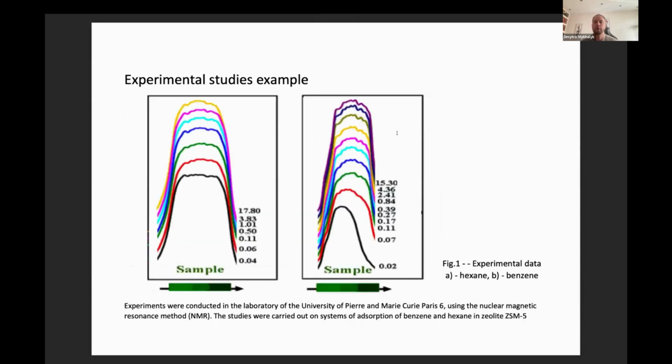Now, going to the next part, the experimental studies. Our partners at the Sorbonne did real experiments on real materials with the equipment, and collected concentrations for hexane and benzene extraction on the zeolite ZSM-5.